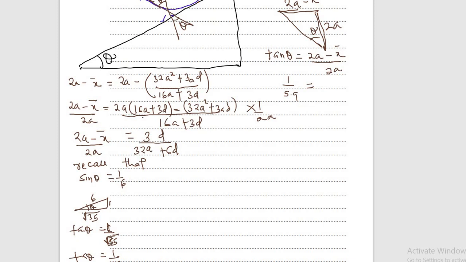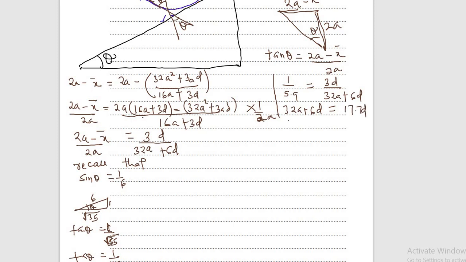2a minus x over 2a, we have 3d over 32a plus 6d. Cross multiply, we have 32a plus 6d equal to 3d times 5.9, that's 17.7d.